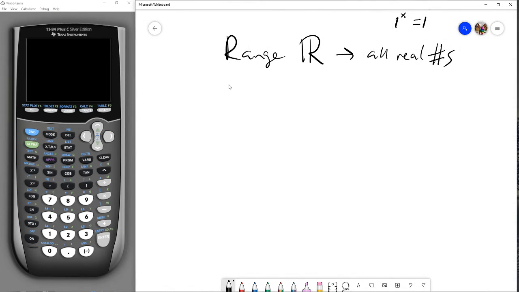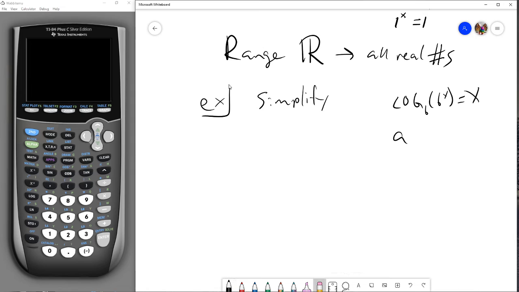So if we use our properties, let's go ahead and do some examples. We can simplify some expressions using our properties. If we recall, our properties are: log base b of b to the x is equal to x, and b to the log base b of x is equal to x.